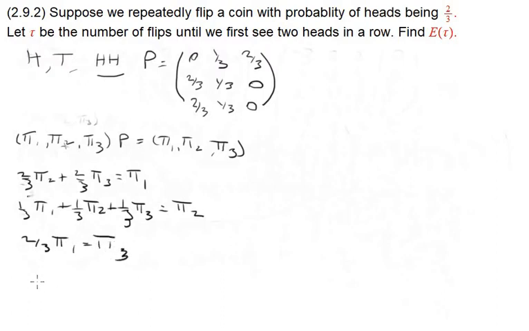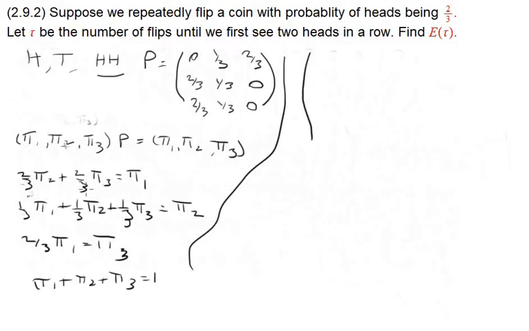Then we also have pi1 plus pi2 plus pi3 equals 1. Place all this information in a matrix so we can reduce it. Multiply the first equation by 3, so you've got -3, 2, 2 equals 0.